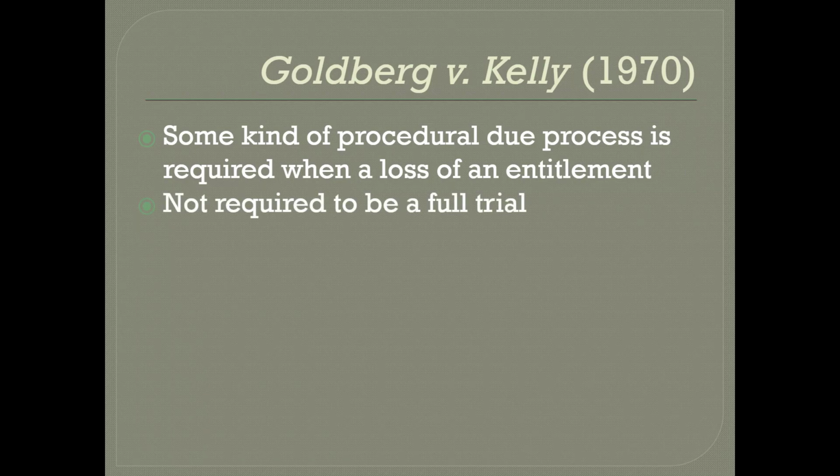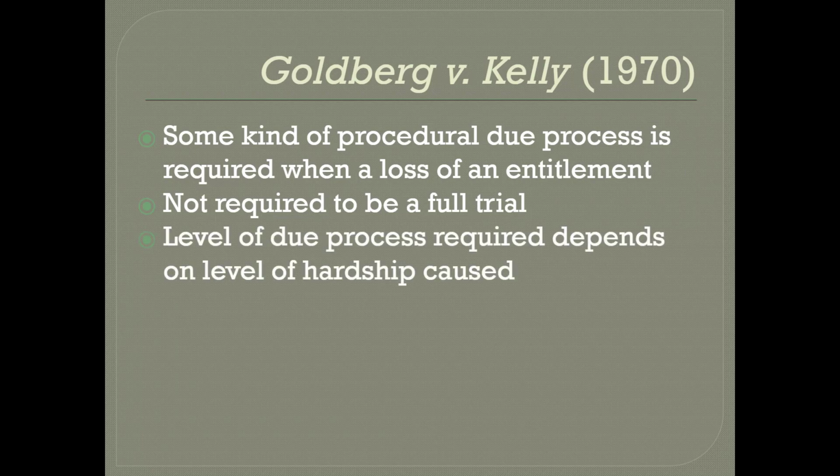Now, it's important to note that this doesn't have to be a full trial. When we're talking about adjudication and procedural due process in this class, it is not required to be a full trial.